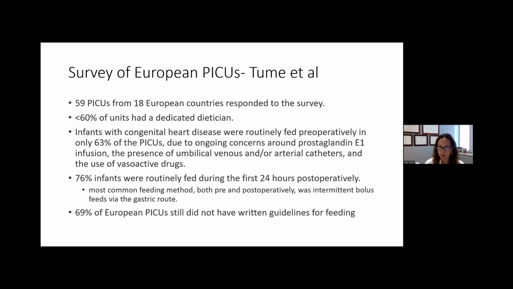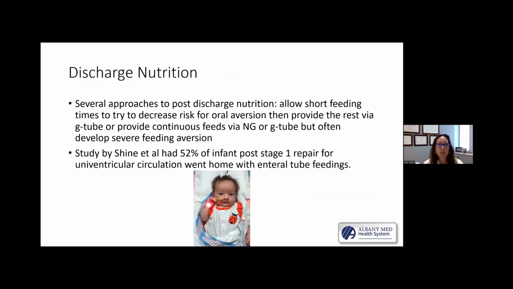So in terms of discharge nutrition, there are several approaches to post-discharge nutrition. You want to allow short feeding times to try to decrease the risk for oral aversion, and then provide the rest via G-tube or provide continuous feeds via an NG or G-tube. But often these infants have developed severe feeding aversion, again, due to prolonged mechanical ventilation.